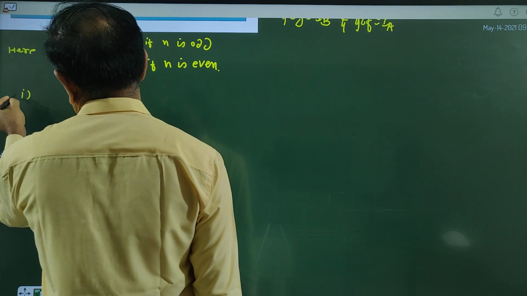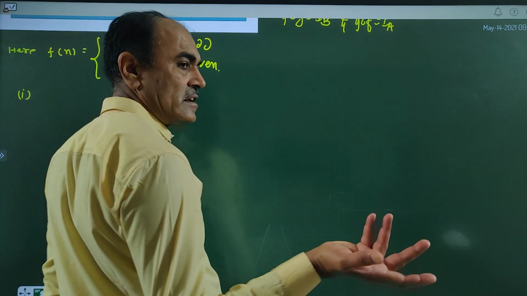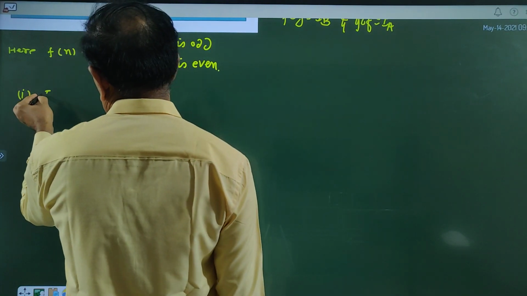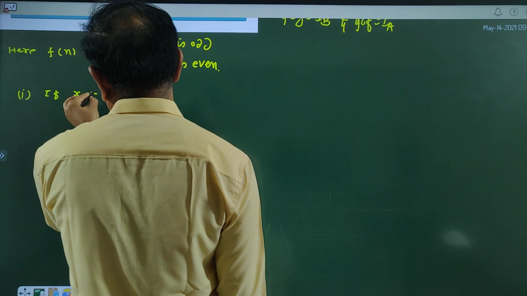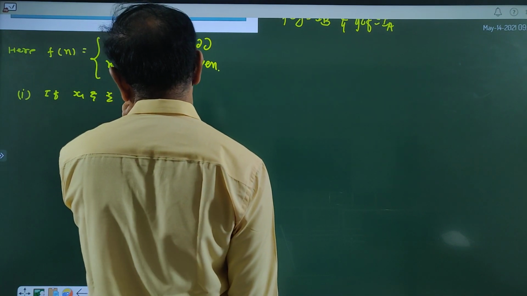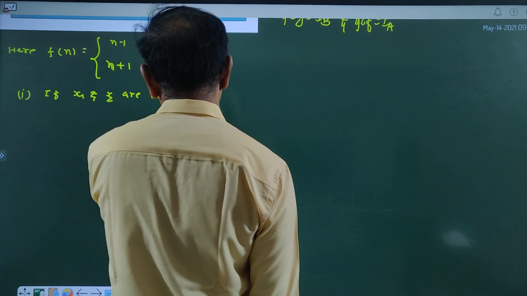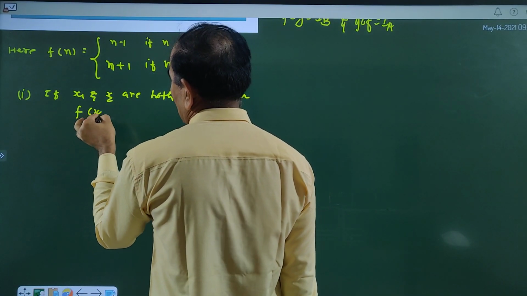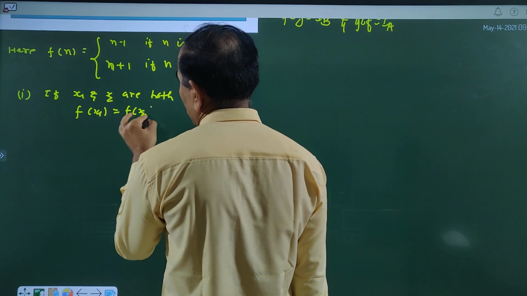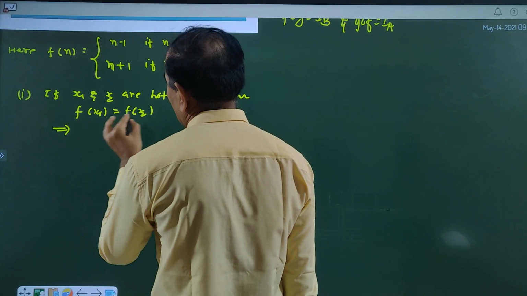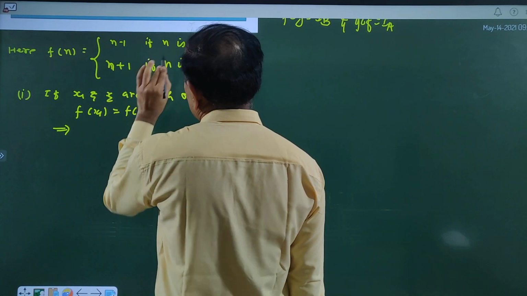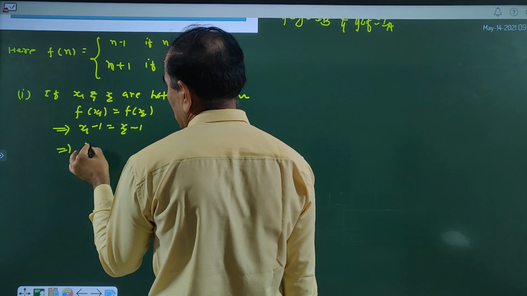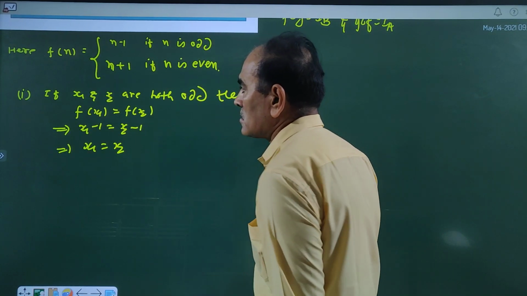First one: you can consider x1, x2 or n1, n2. If x1 and x2 are both odd, then f of x1 is equal to f of x2 implies x1 minus 1 is equal to x2 minus 1, which implies x1 is equal to x2.